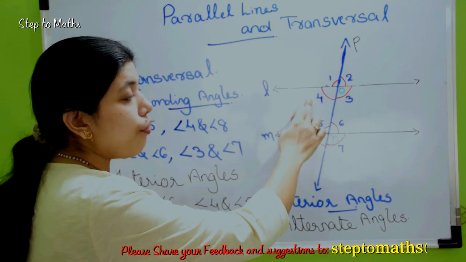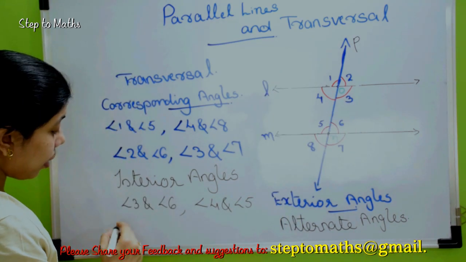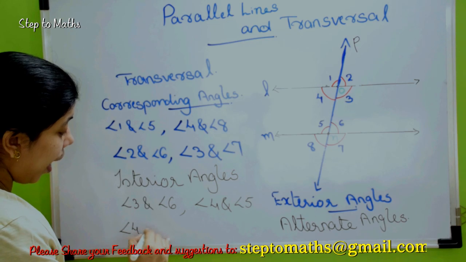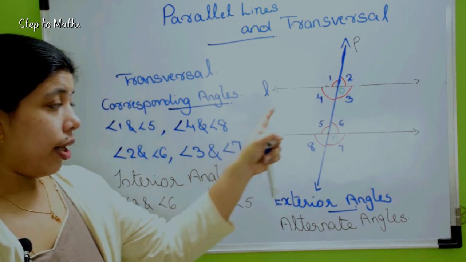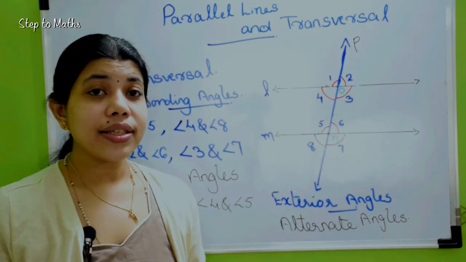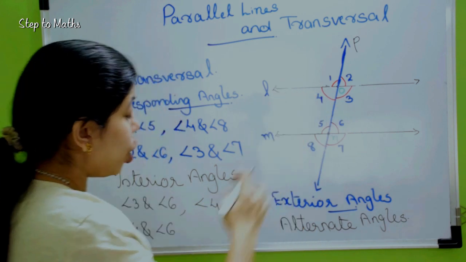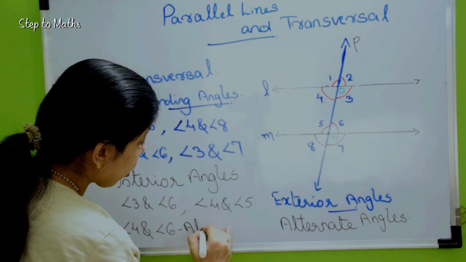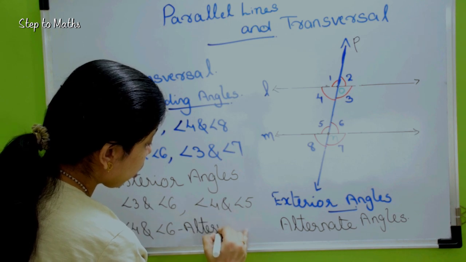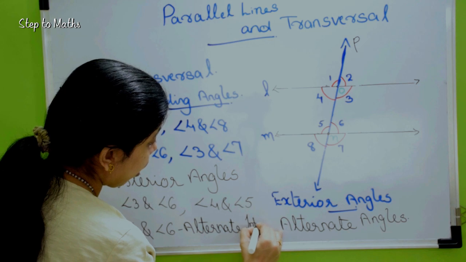And here angle 4 and angle 6 are interior angles, but they are on the opposite side of the transversal. So, they are known as alternate interior angles.